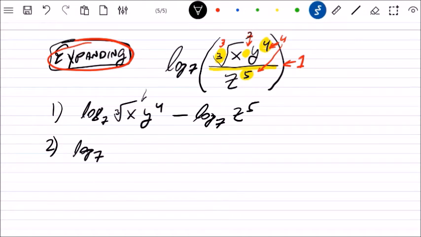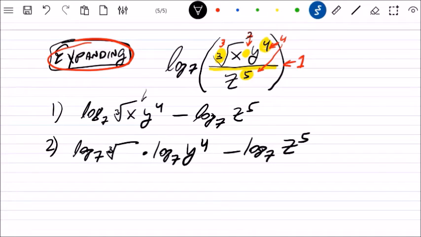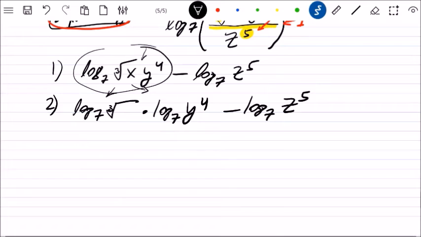So it's going to be log base 7 of the cube root of x, times log base 7 of y to the 4th minus log base 7 of z to the 5th. Okay, so this one has now been split into 2 things. Okay, and now we have 3 of them.